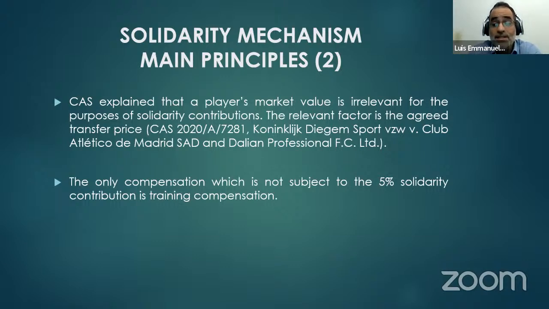In this award, CAS explained that a player's market value is irrelevant for the purposes of solidarity contributions. Again, the relevant factor is the agreed transfer price. It's very important. The only compensation, again, which is not subject to the 5% solidarity contribution, is training compensation. Training compensation is not utilized in the calculation of the 5% solidarity contribution.